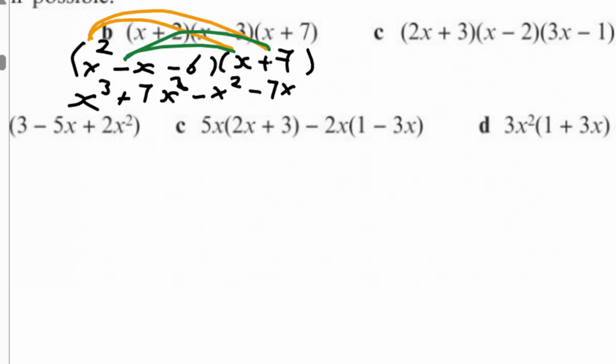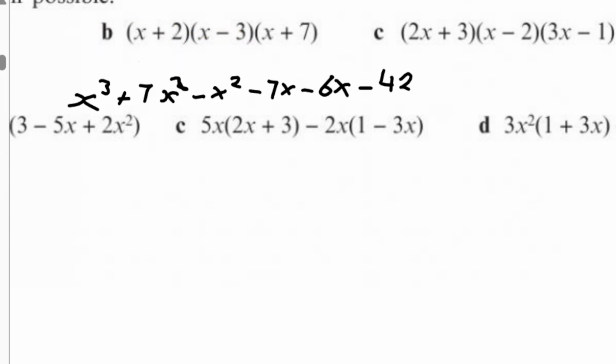We finished with that. Finally, minus 6 times x and minus 6 times 7. Minus 6 times x is minus 6x. And finally, minus 42.